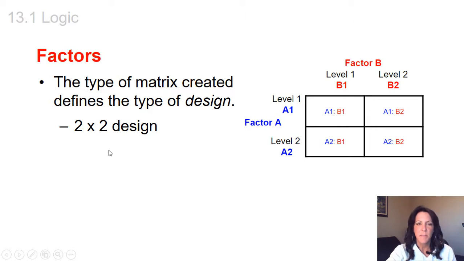So this is an example of what we call a 2x2 design, because there's two levels of factor A and two levels of factor B. Now, if I had 3 levels of factor B, it would be a 2x3 design, but it's not. This is a 2x2 design. 2 times 2 is 4, and we have 4 different cells. In the next video, we're going to get very specific with something called main effects.